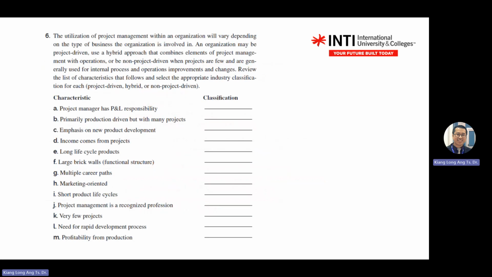Okay, so this one is fill in the blank. You need to classify the characteristics. Classify whether it's project driven, hybrid or non-project driven. This is question number 6.